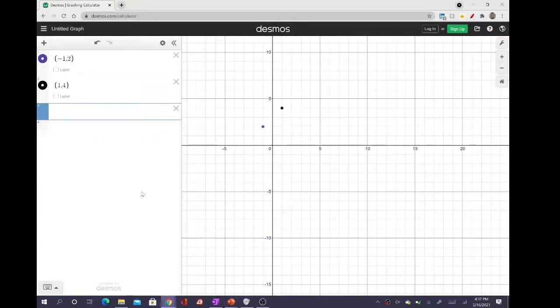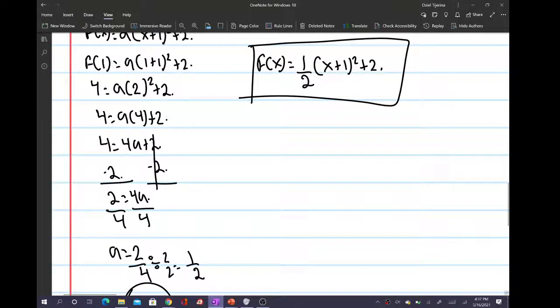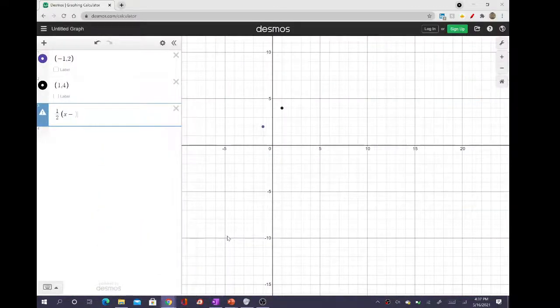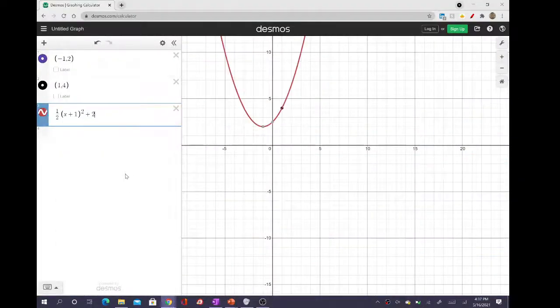So we have 1/2 times the quantity x plus 1 squared, right? And then plus 2, right?